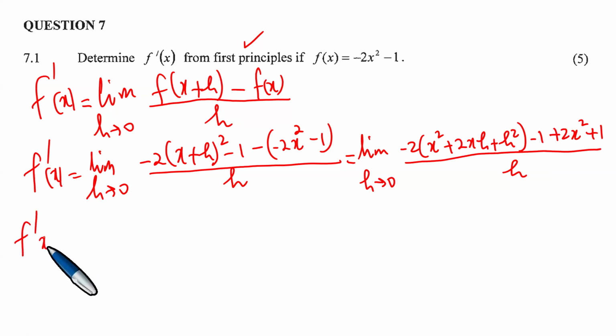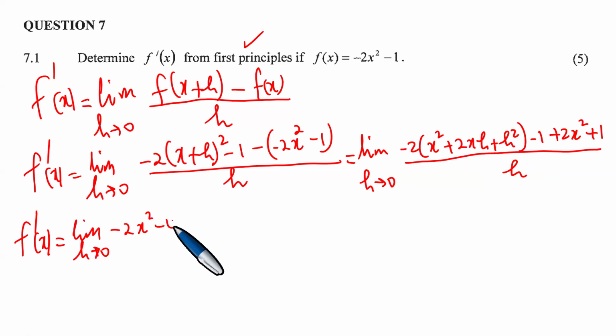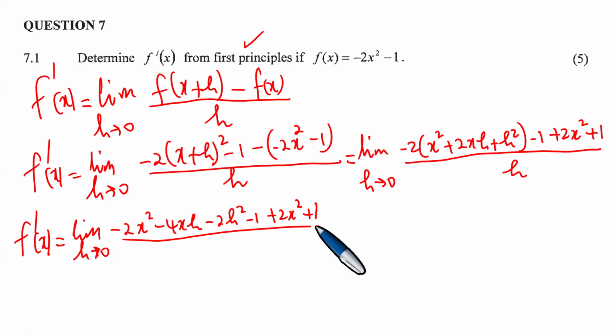Then we have f prime of x, which is the limit as h tends to 0. By distribution, we are going to have minus 2x squared minus 4xh, because minus 2 times h squared is minus 2h squared, minus 1 plus 2x squared plus 1, all divided by h.